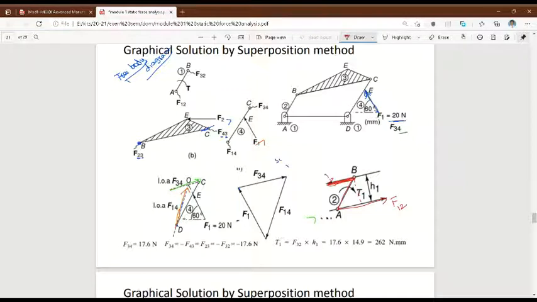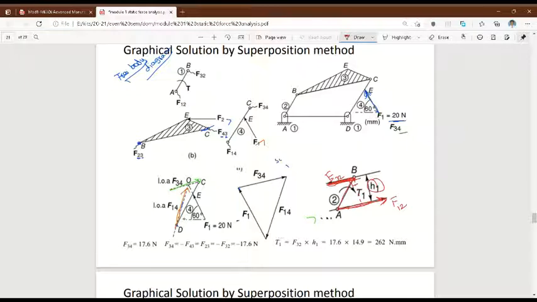This is F32. F12 should be parallel to F32 and in the opposite direction. So this perpendicular line should hit F12. Measure this distance. This distance is called H1.